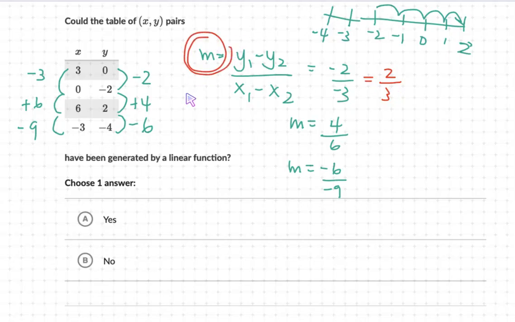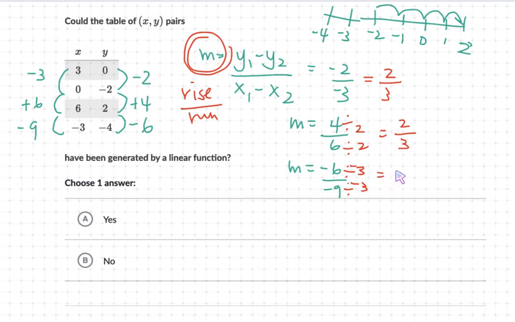This is slope, so we need rise over run, so I'm keeping them as fractions. Here I can reduce by 2, so I get 2/3. So far they're actually the same even though they look different. And this one, they're all divisible by -3, so this would actually be 2/3 as well. So all the slopes are the same.